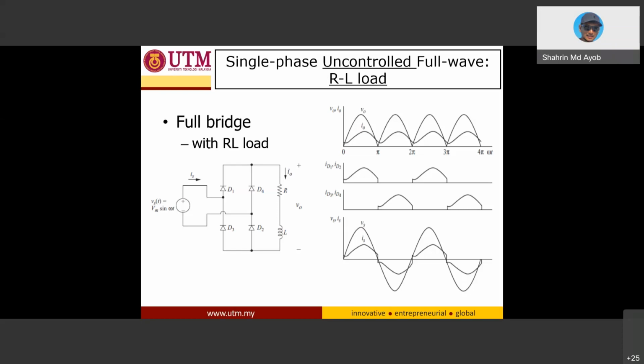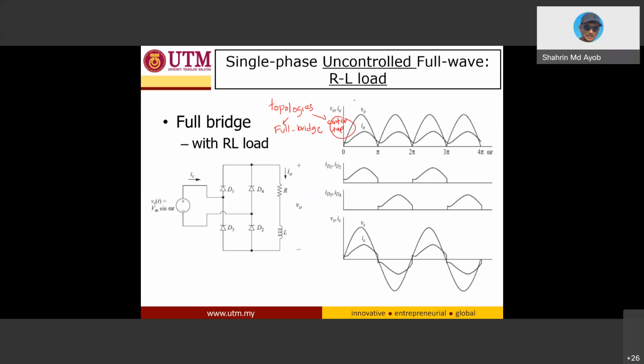Without further ado, we continue with the full wave rectifiers. As you may recall from our previous class, there are two circuits, sometimes also called topologies: the full bridge, and the center tap.